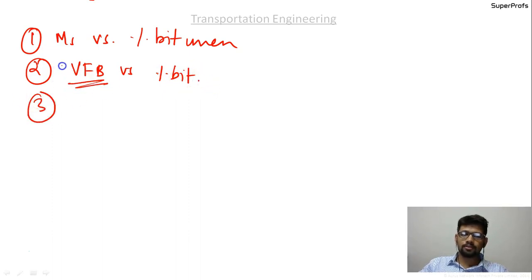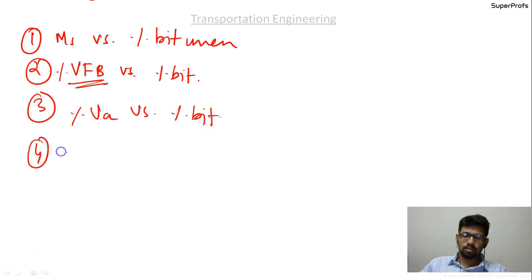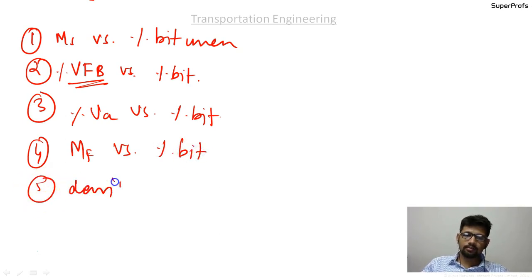The third graph is percentage air voids versus the percentage bitumen, the fourth graph is the Marshall flow value versus percentage bitumen, and the fifth graph is density versus percentage bitumen.